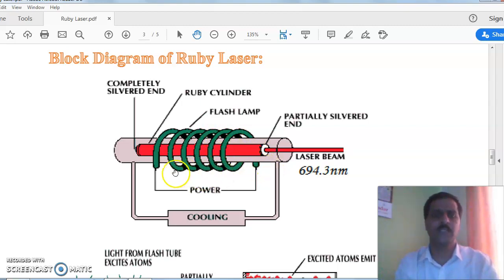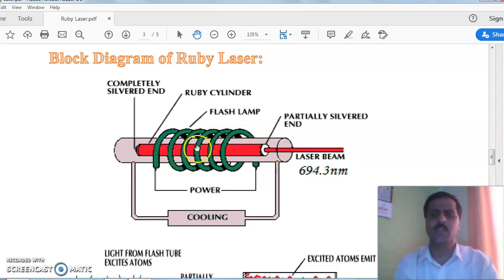The two ends of the glass tube are connected to a power supply. The two ends of the ruby rod are made optically flat and polished. So this one end is completely silvered, 100% reflective, and this end is partially silvered, so there is a 1% chance of transmission.